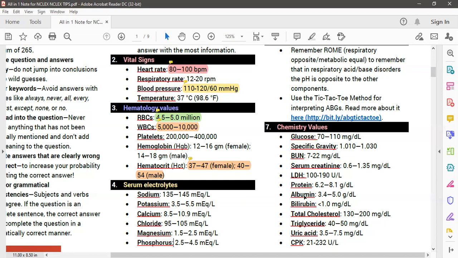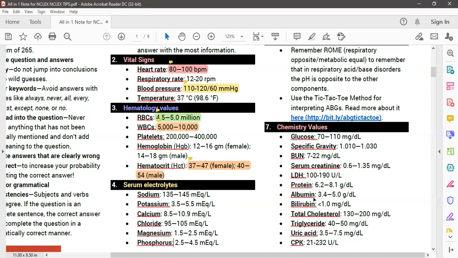Albumin is the smallest molecule of protein. Albumin normal range is 3.4 to 5.0. If the protein goes down or albumin goes down, it means our liver does not synthesize. And when protein is passing through the urine, our oncotic pressure goes down and the patient develops edema.